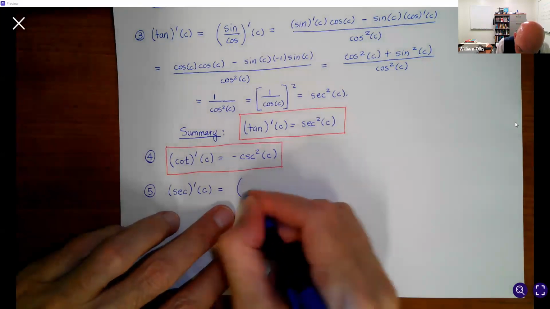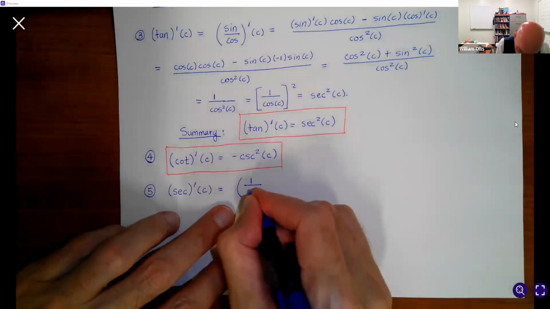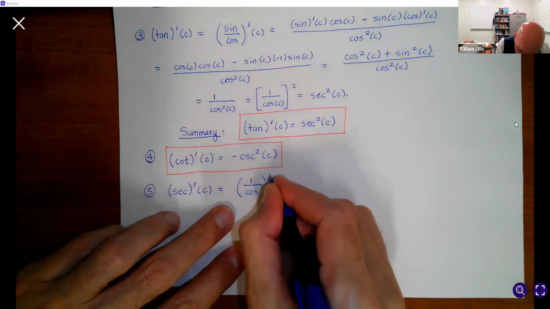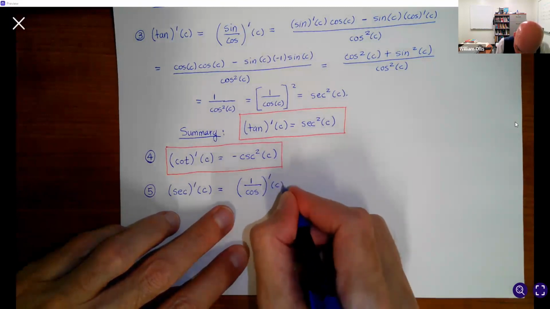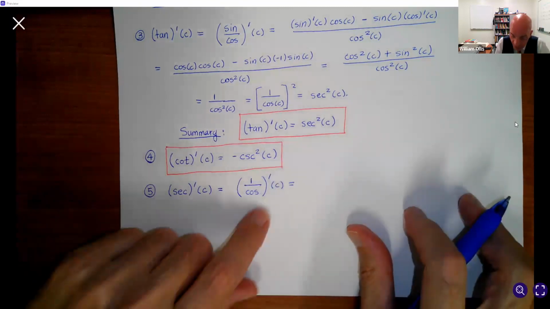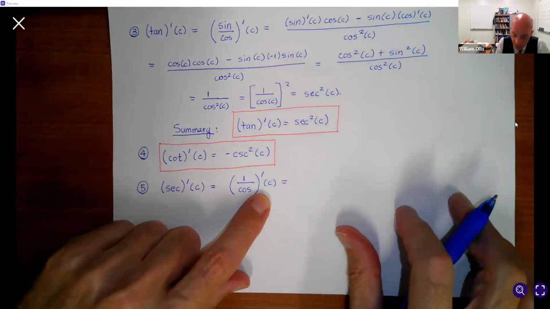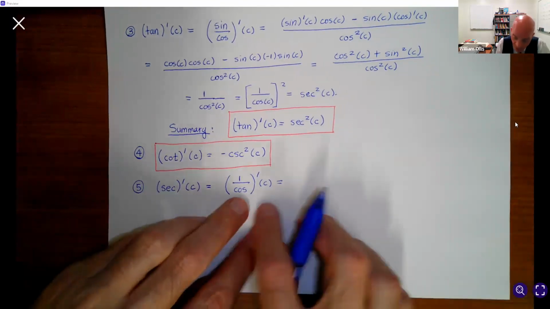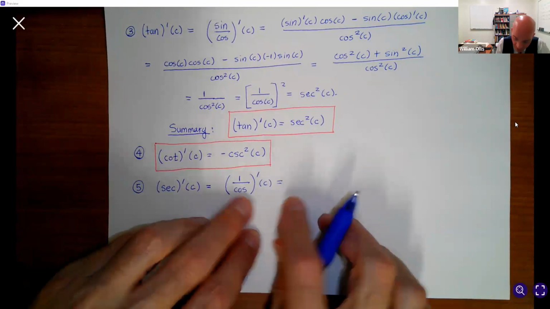So we'll just do 1 over the cosine, prime, evaluated at C. The prime notation is very useful, and this derivative definition is easy to use. So now you're thinking, well, this is not very difficult.